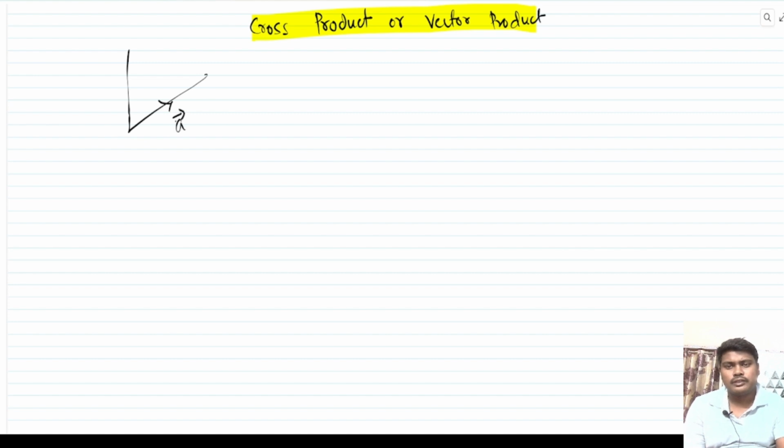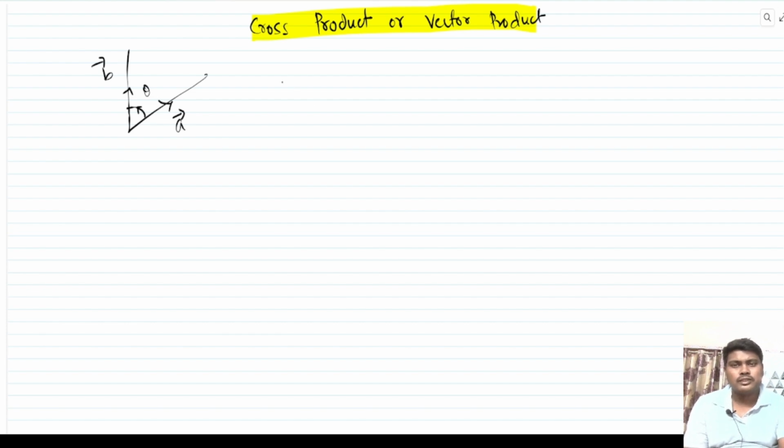So it is a vector and it is b vector, and the angle between these two vectors is theta. We consider this angle theta in the anti-clockwise direction, therefore theta is positive.